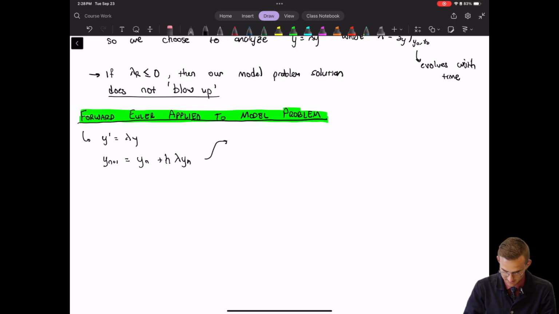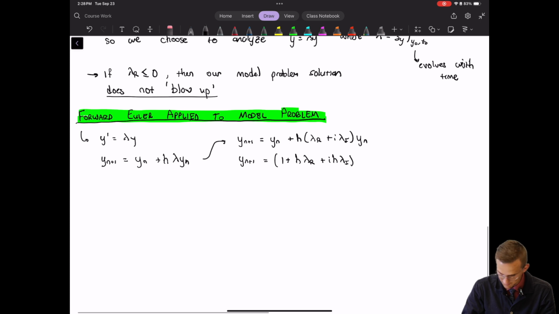If we go ahead and do that, we can expand lambda into its real and imaginary parts: y_n plus h times (lambda r plus i lambda i) times y_n. And then we can see that we're getting a nice amplification factor here, 1 plus h lambda r plus i h lambda i, times y_n. And this whole thing here is sigma.